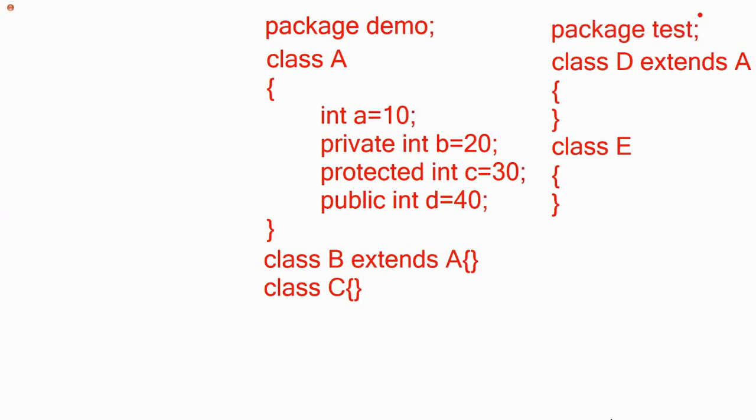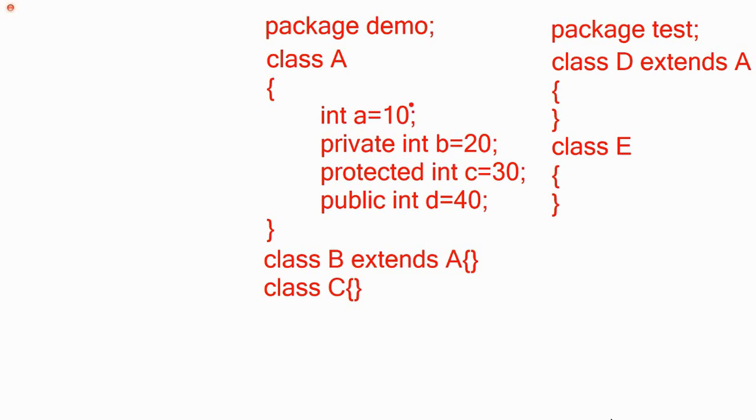Now, how many packages are there in total? 2 packages: the demo package and the test package. Inside the demo package, 3 classes: A class, B class, C class. Inside the test package, 2 classes: D class, E class. Between A and B, inheritance relationship. Between A and D, inheritance relationship.